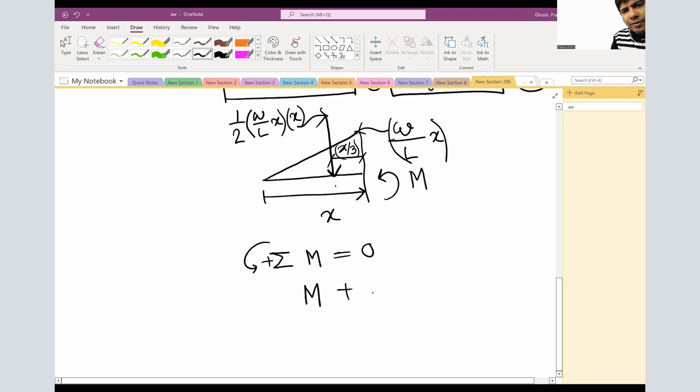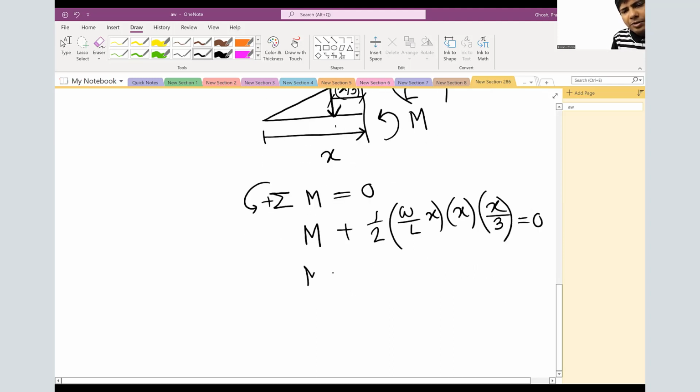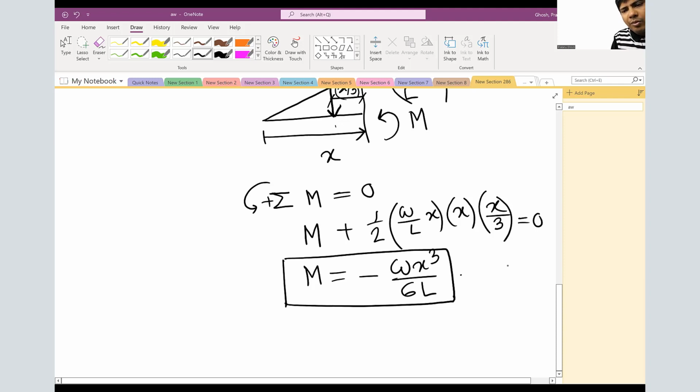So half of W over L times x is your load and the distance is x over 3. So M becomes negative Wx cubed over 6L. That is equation 1, the internal real moment.